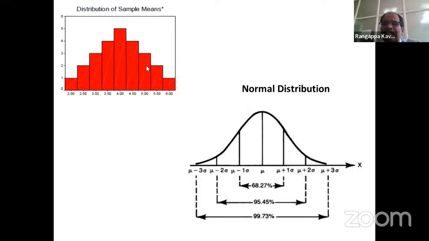It is what I wanted to tell. This is the concept of a theoretical distribution, the sampling distribution. Based on how the samples are selected, we are using the term sampling distribution here.